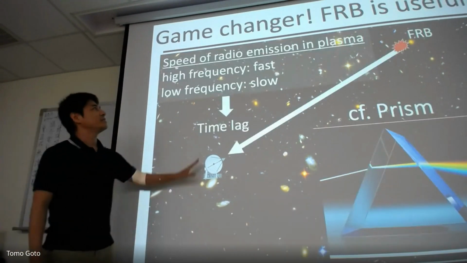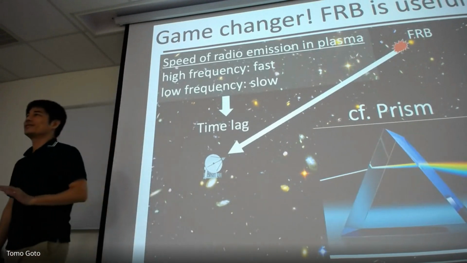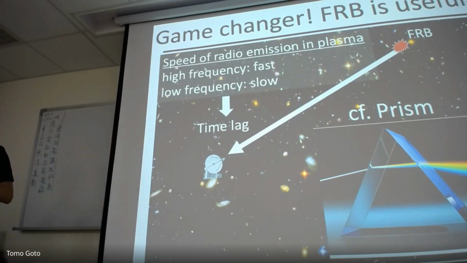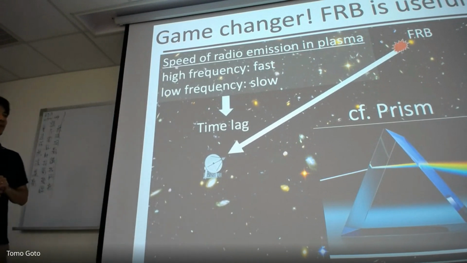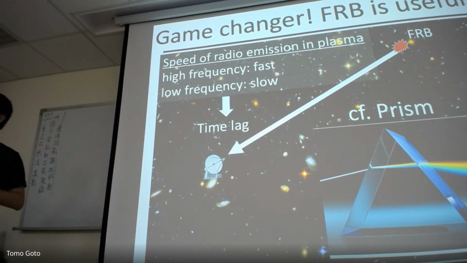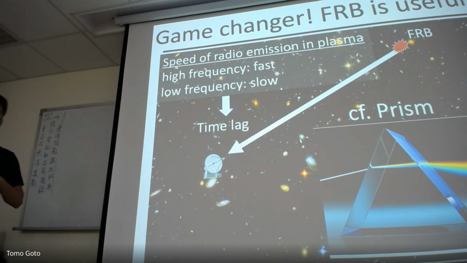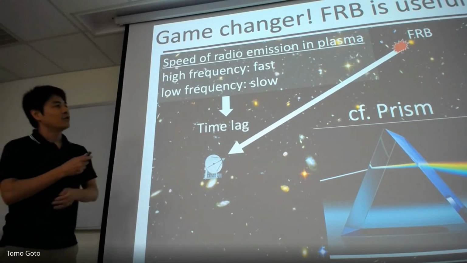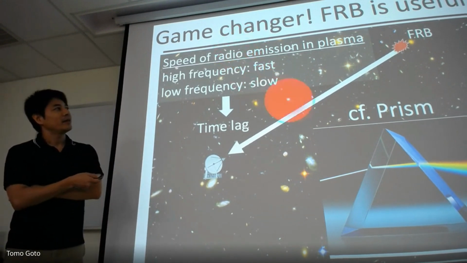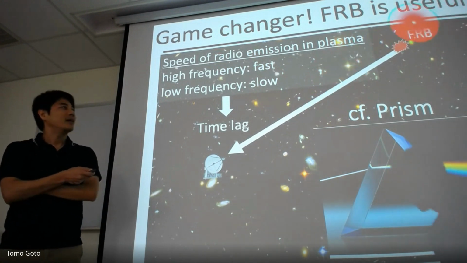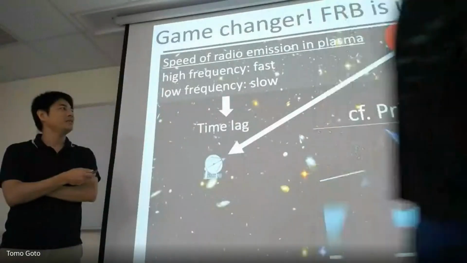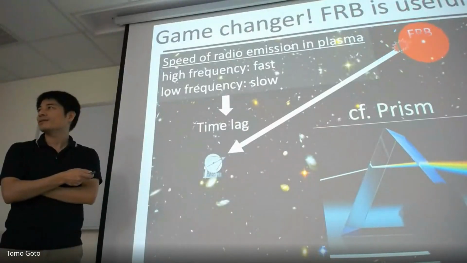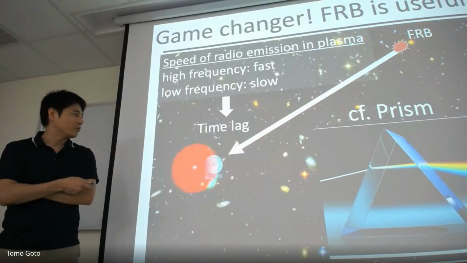But now a game changer has arrived. That is FRB. FRB is a new object in astronomy. FRB, the game changer. So let me explain. This is related to electromagnetism. Let's say an FRB happens at this distant galaxy, and then radio emission comes from this galaxy all the way to the observer here.